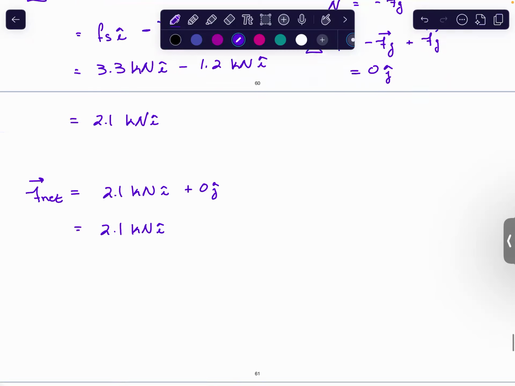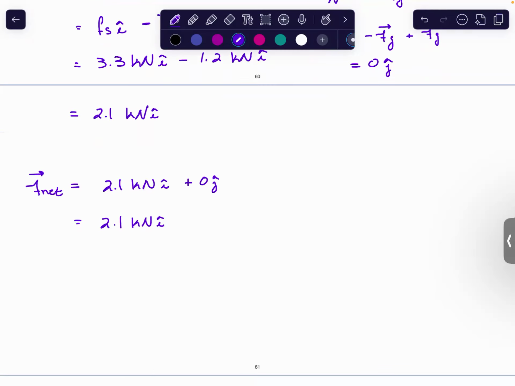So 2.1 kilonewtons I hat, and again, all of the force is applied in one direction, so the magnitude is just that number. And that's applied in the northward direction.